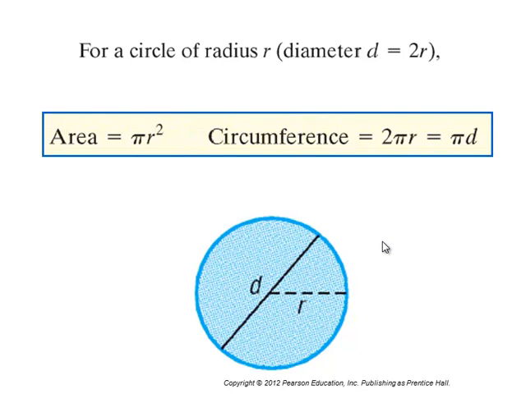So if pi is equal to the circumference divided by the diameter, that means that the circumference is equal to pi times the diameter. But the diameter is 2 times the radius. So if you know the radius, multiply by 2 pi and you get the circumference. Or if you know the circumference, then you could divide by 2 pi to get the radius. Over here we've got the area is equal to pi times the radius squared.